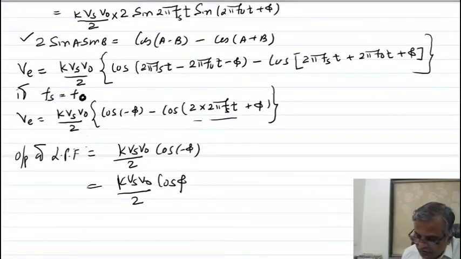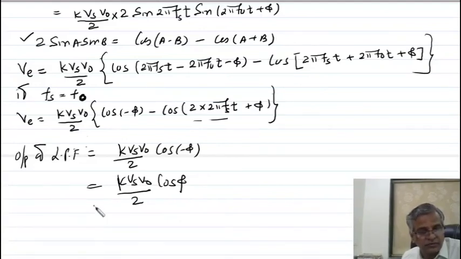So the output of the low pass filter is K Vs Vo by 2 cos phi, and after passing through the error amplifier, it is given to the modulating pin or control pin of the VCO.